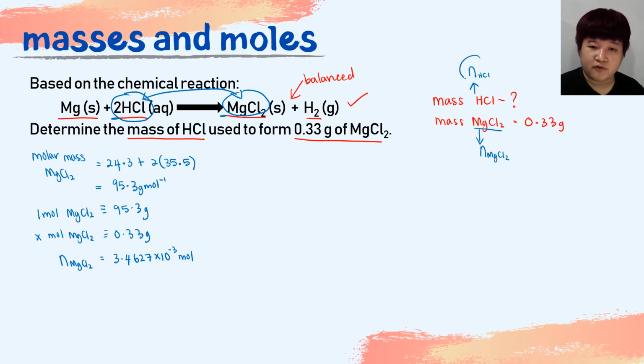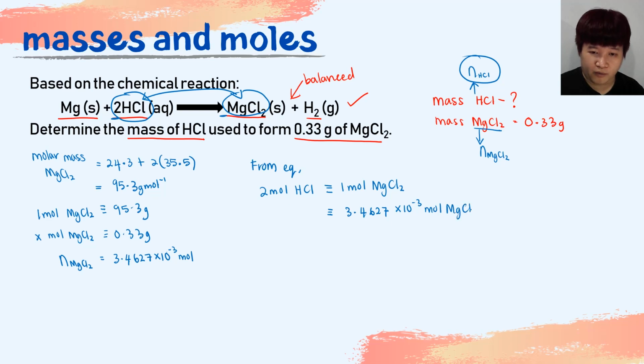But we are looking for the number of mole of hydrochloric acid. So what do? From the balanced equation, we know that 2 mole of hydrochloric acid is producing 1 mole of magnesium chloride. And right now, we have 3.4627 times 10 to the power of negative 3 mole of magnesium chloride.